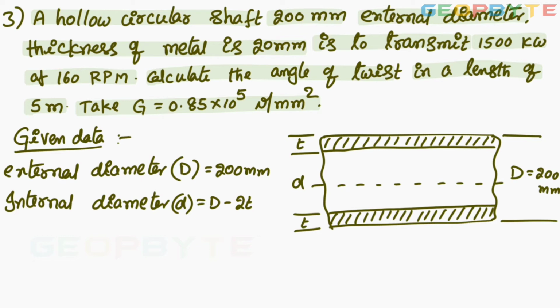One side thickness is t, other side thickness is t. It is equal to 200 minus 2 times the 20. The resultant value is 160 mm.